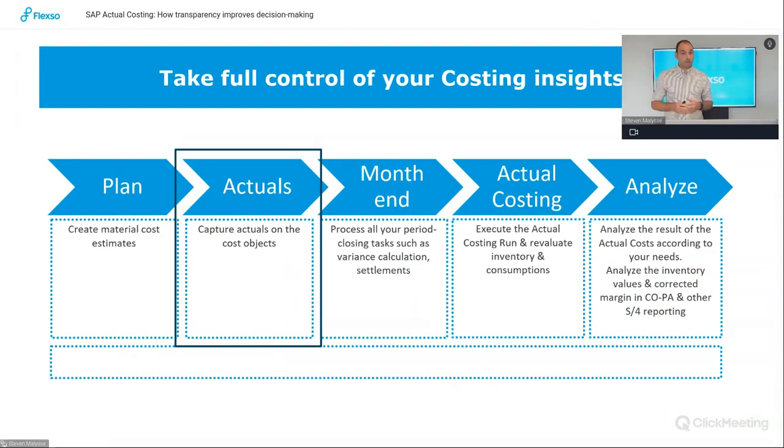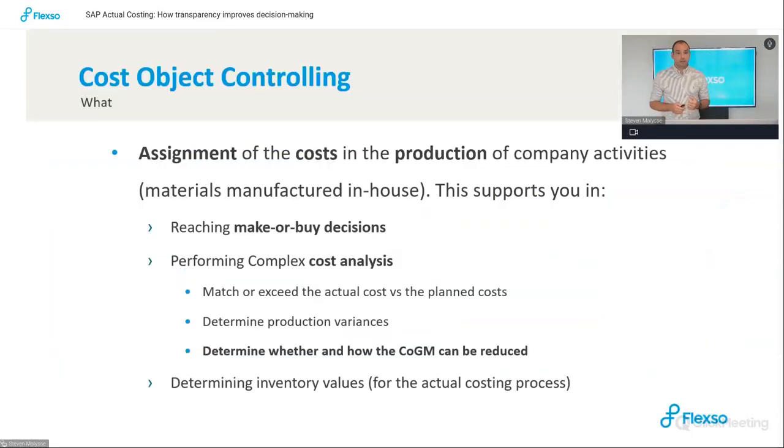In the first step, we planned our costs. Now we will actually capture our actuals. For our bike, we will capture the costs on our production orders. We will start assembling bikes and capturing all those costs. This means that we now can understand if we have variances on our production order, how many variances we have, and what kind of variances we have.